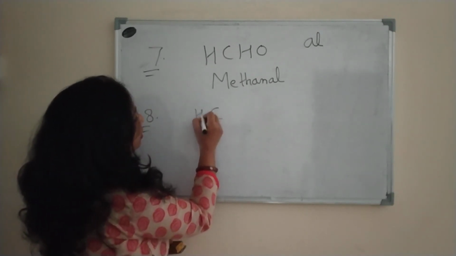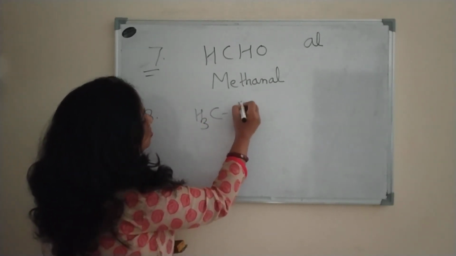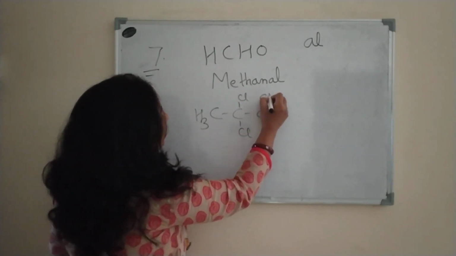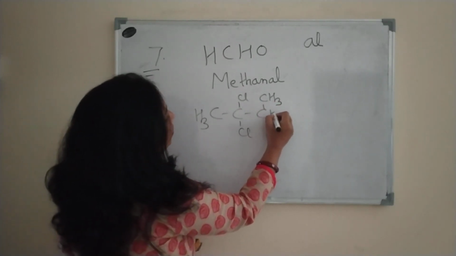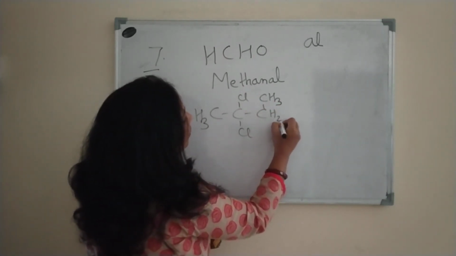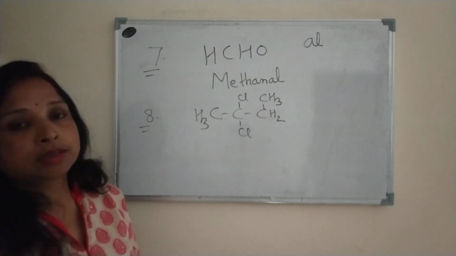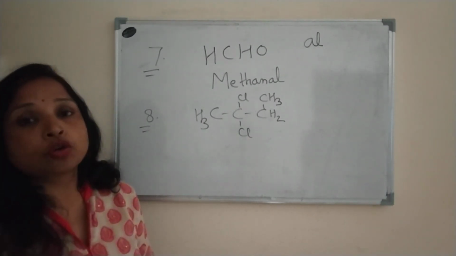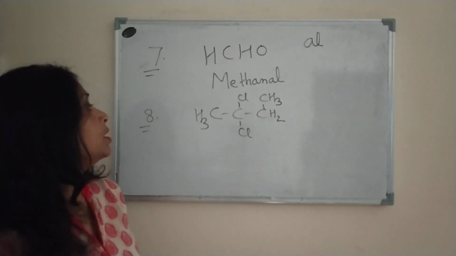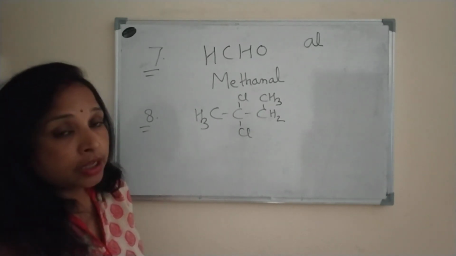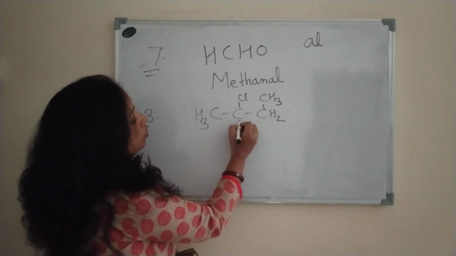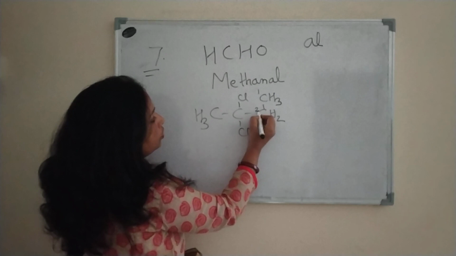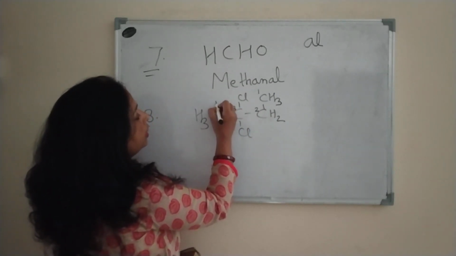Suppose the structure is like this. First, we have to choose the longest continuous carbon chain. The longest continuous carbon chain is 1, 2, 3. No, the longest continuous carbon chain is 1, 2, 3 and 4.